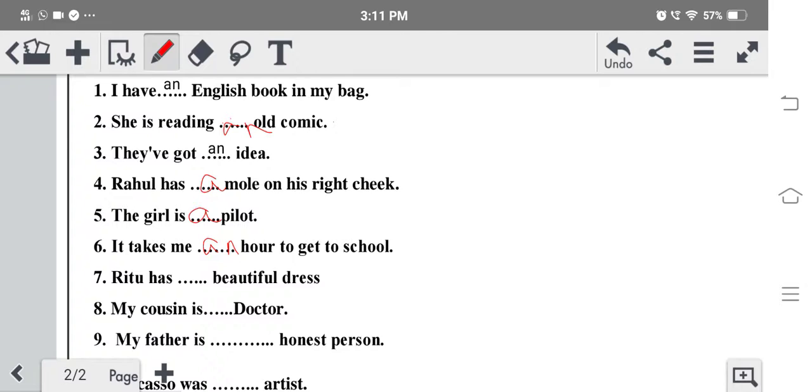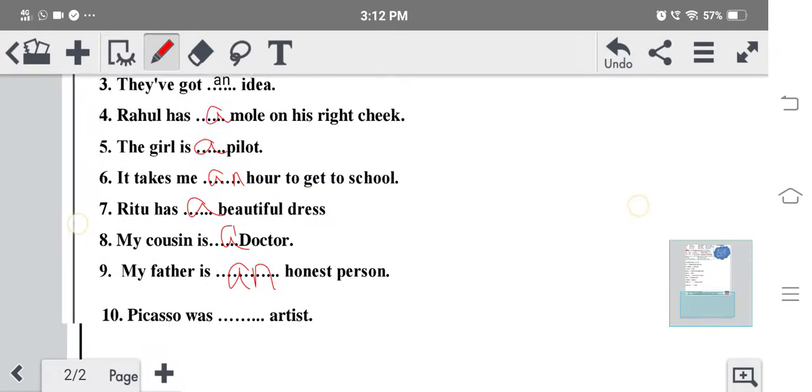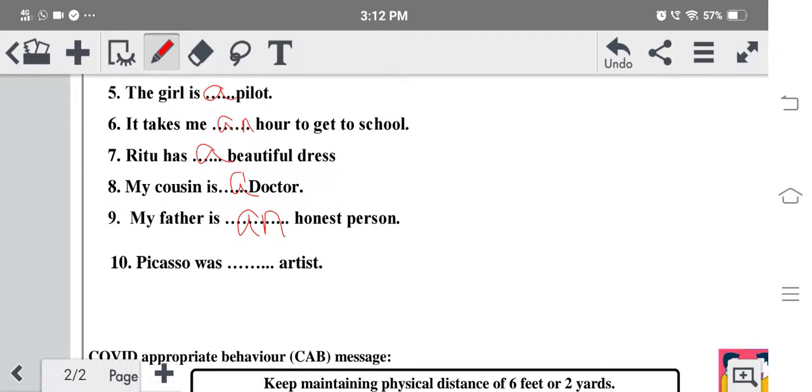Ritu has a beautiful dress. My cousin is a doctor. My father is an honest person. Then Picasso is an artist. So here we have completed our worksheet.